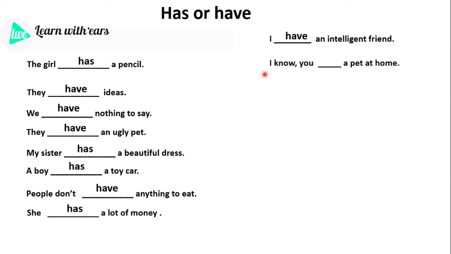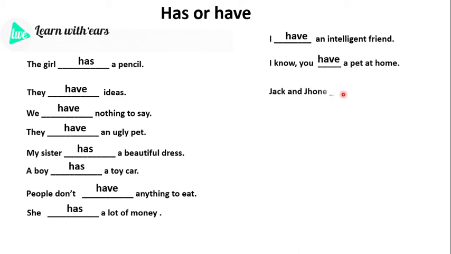Next, I know you, a pet at home. So you, I know a person, a speaker is talking to someone, to the listener. With you we use have. I know you have a pet at home.